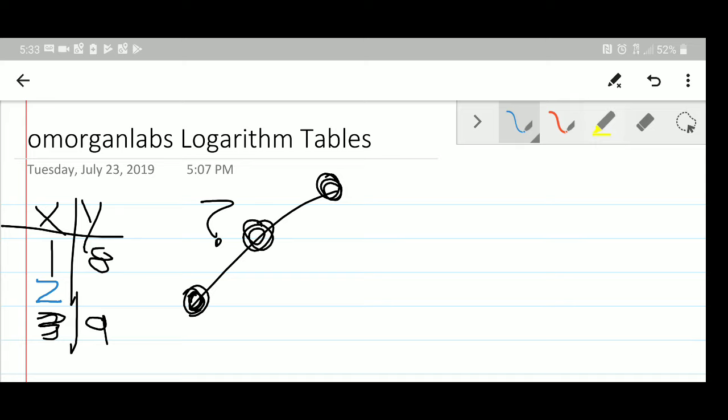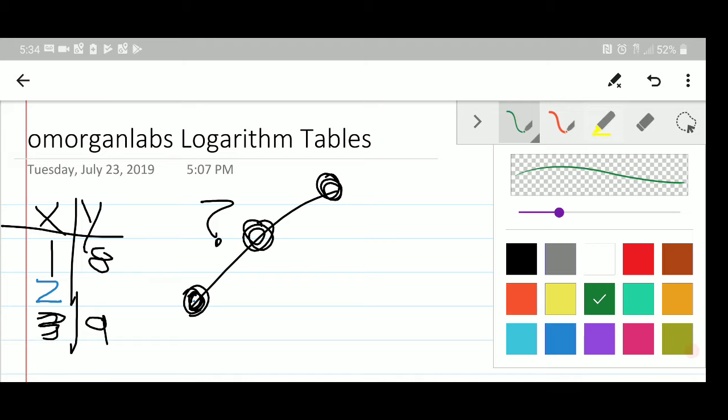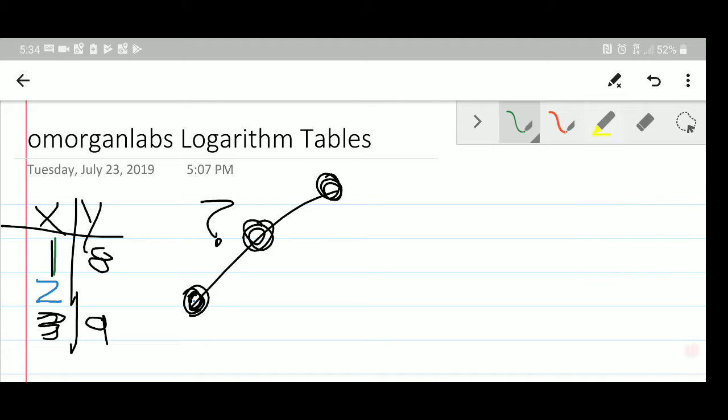Anyway, the way that I kind of remembered how to do this is, it's basically 3 points. You pull the two outer points from the table and then you find the middle. Let me color code it. I'll make this one green, the 1, 8.